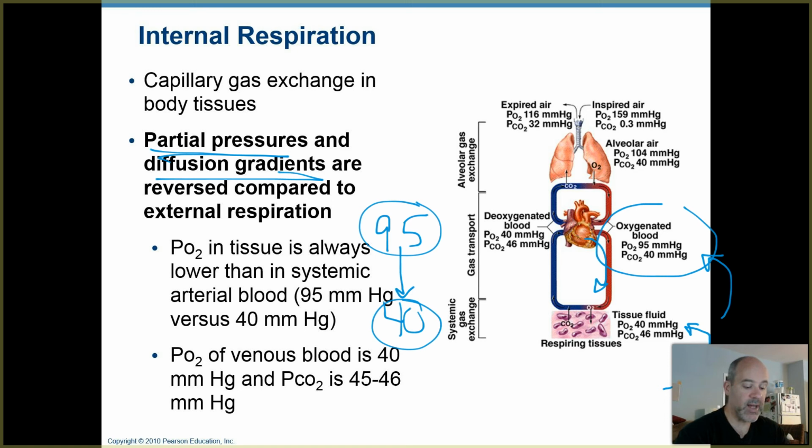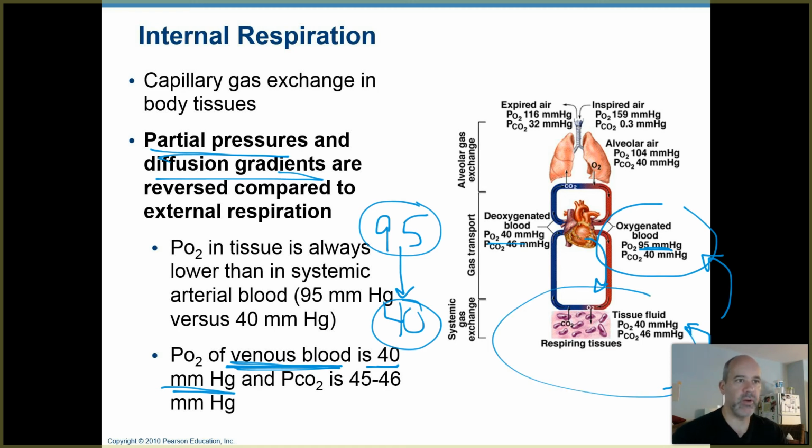And in fact, by the time you get to venous blood, the partial pressure of oxygen gas in the veins is down to 40 millimeters of mercury. So it was 95 in oxygenated blood, and now it's down to 40 in your deoxygenated blood. And where did that oxygen go? It was taken up over here by your tissues.